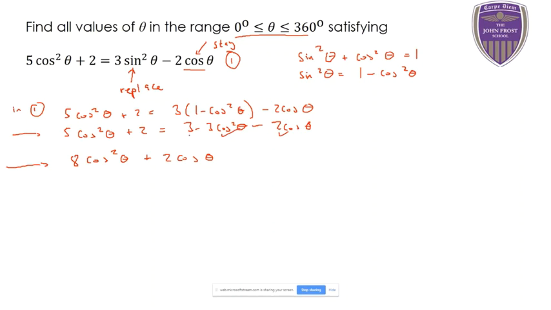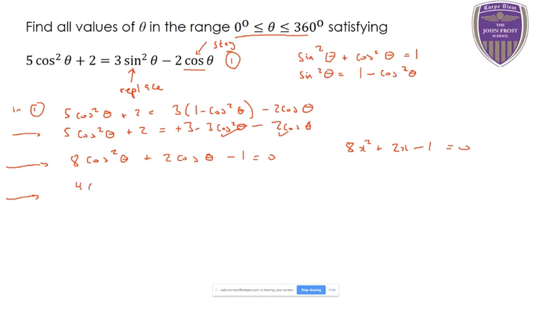The only thing left is this 3. Now this is positive 3, so I'll take it off, and 2 take away 3 is negative 1. And again, if this scares you, just think about 8x squared plus 2x minus 1 equals 0. It will factorize. I've done it.